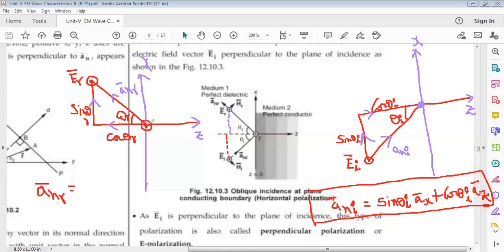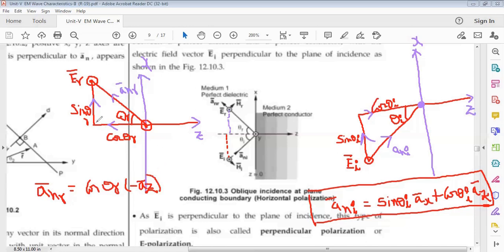Now consider here, if this is towards the opposite direction of the AZ, it means cos theta R is multiplied with the direction, which shows here the minus AZ bar. Minus AZ bar.